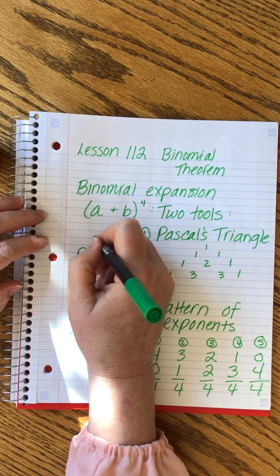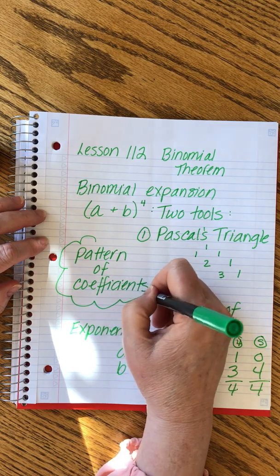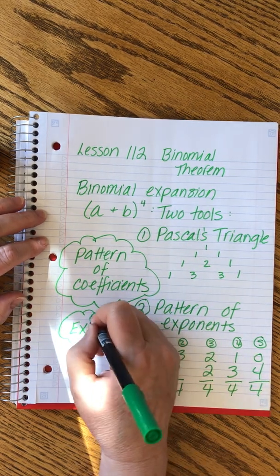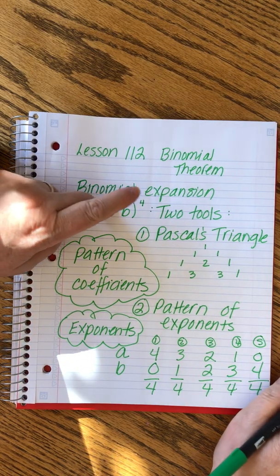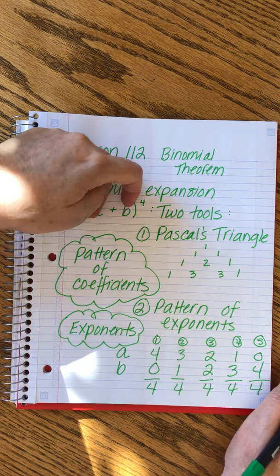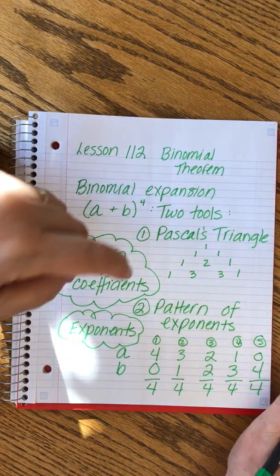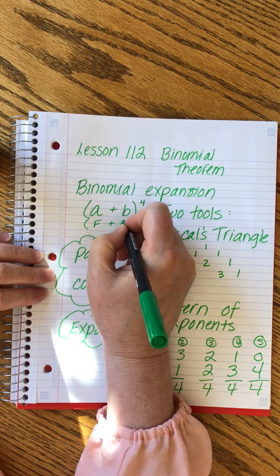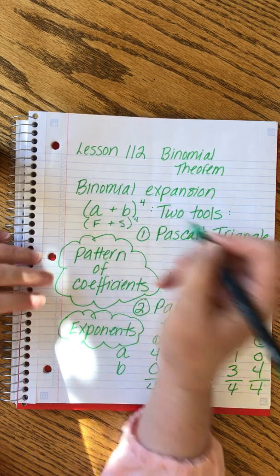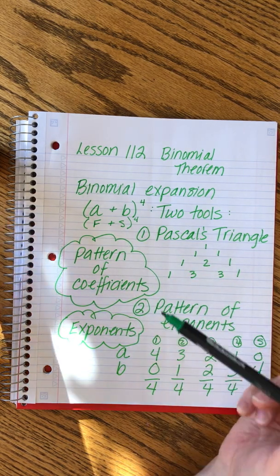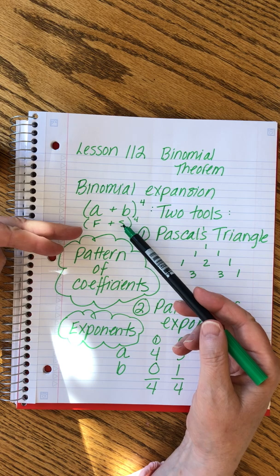Okay, so we've used these two tools and we've been successful with it. We've also learned that if the original terms in the binomial are complicated, we can write this as first plus second to the fourth or whatever, work out the coefficients and the exponents, and then at the last minute substitute back in the actual values where we put f and s.